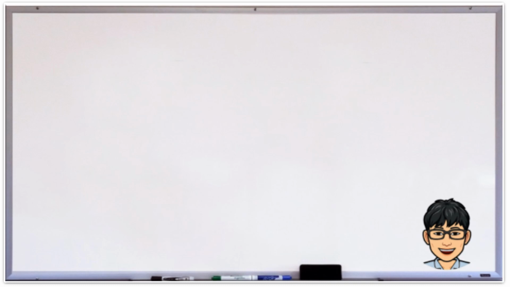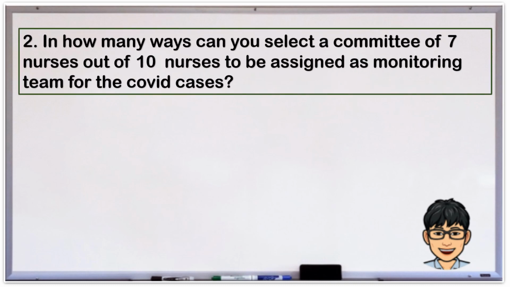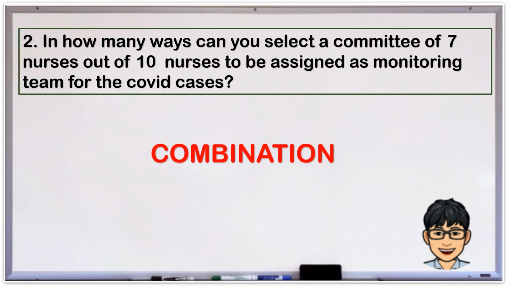Now, let us have this problem. In how many ways can you select a committee of 7 nurses out of 10 nurses to be assigned as monitoring team for the COVID cases? If you think the problem is all about combination, you are absolutely correct.